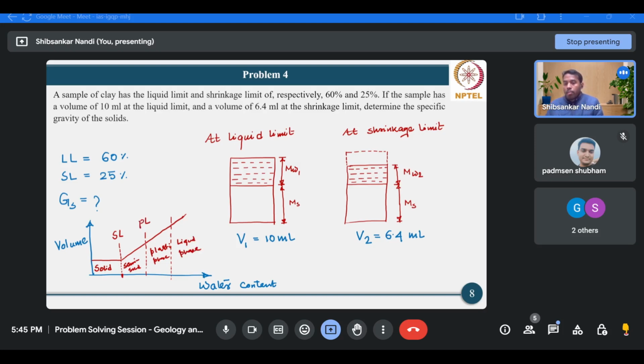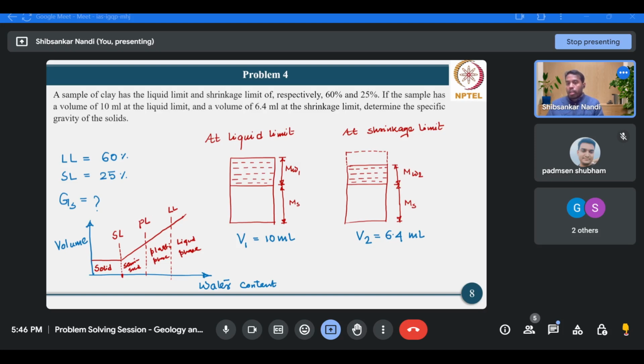Then plastic limit is the boundary between plastic and semi-solid phases. Then liquid limit is the boundary between liquid and plastic phases. Okay, so in this way the Atterberg limits are defined. These limits are used to identify the consistency of a soil mass. I hope you all are familiar with these terms.